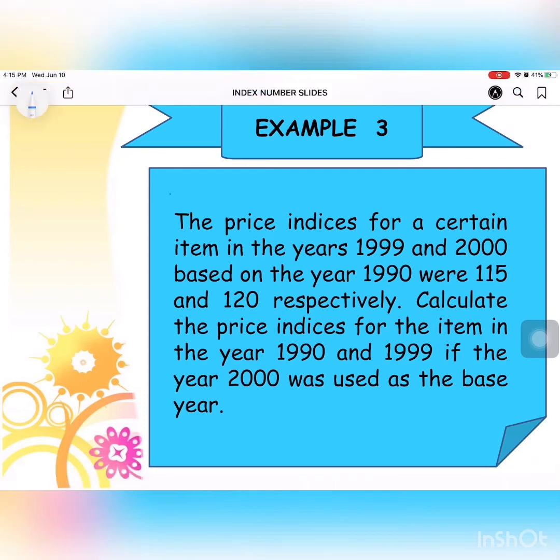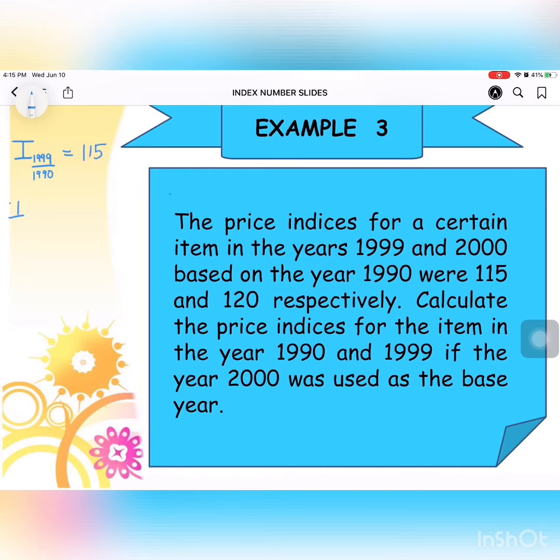In this case, you have to write down what is written and take out the information in the example. So the price index of an item at 1999 based on 1990 equals 115.